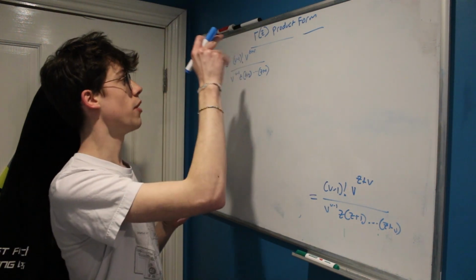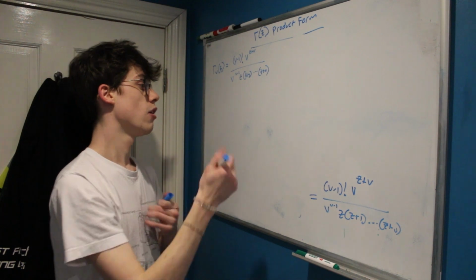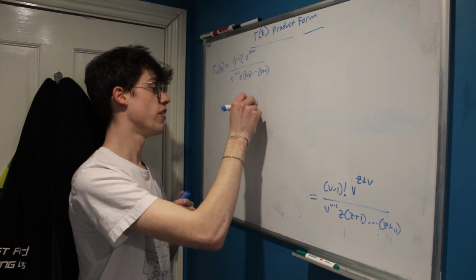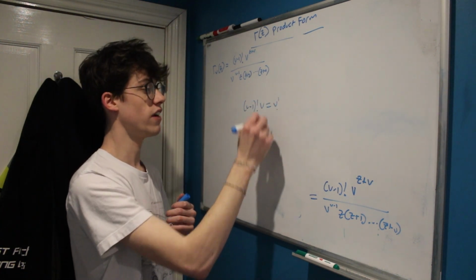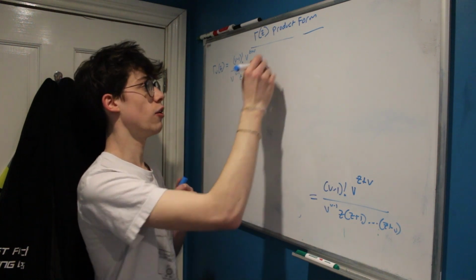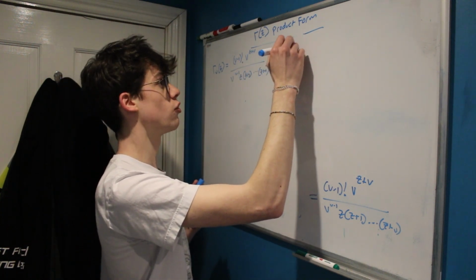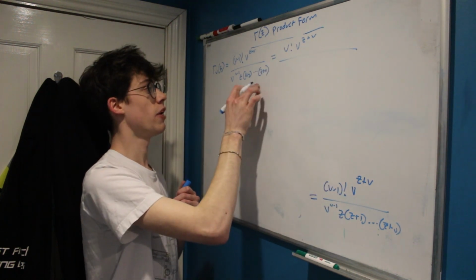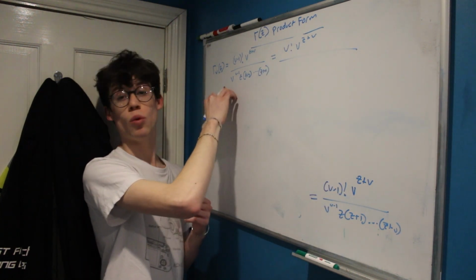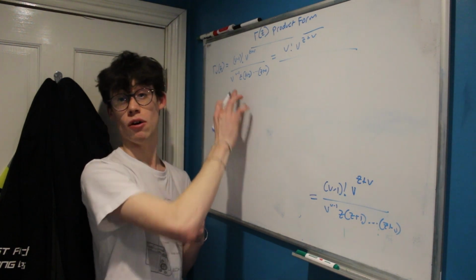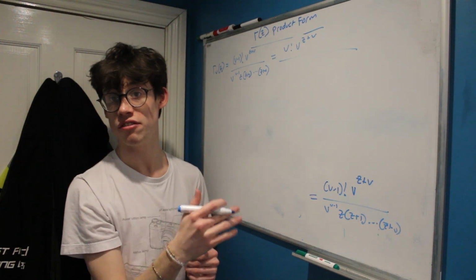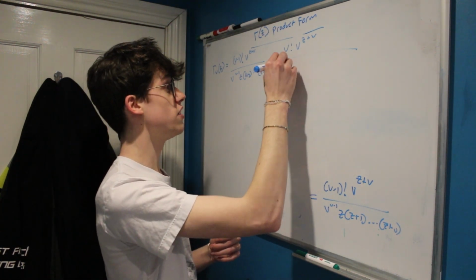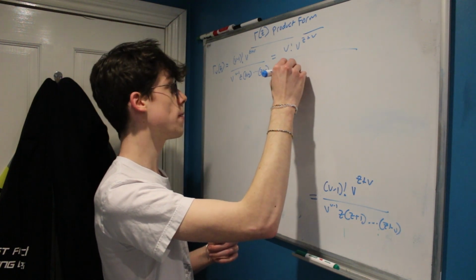If we multiply by v on the top and the bottom, remember that v minus 1 factorial times v is just v factorial, which means that we get on the top a v factorial times v to the z plus v. And when we multiply by v on the bottom, we just add 1 to the power of the v we've already got. And v minus 1 plus 1 is just v. So we end up with a v to the v on the bottom here.